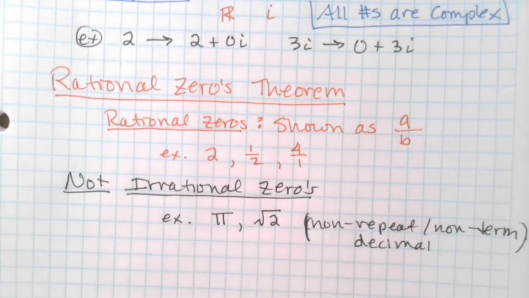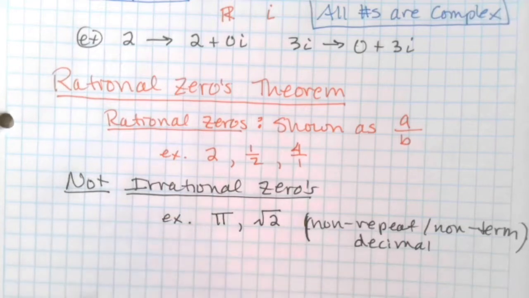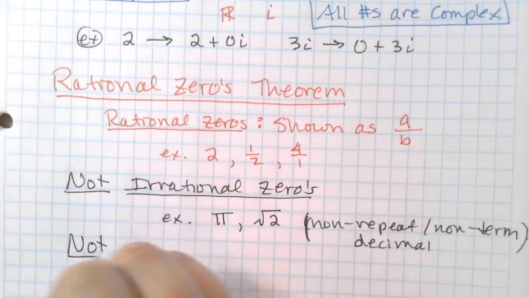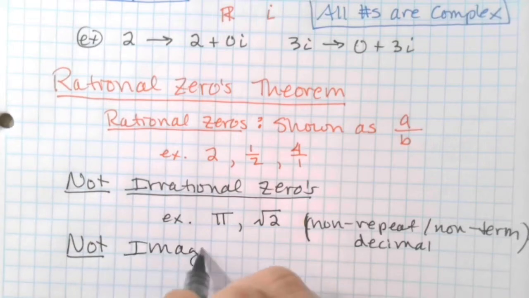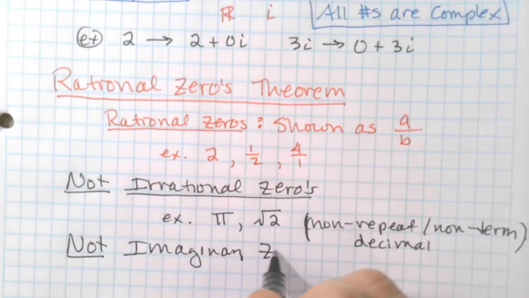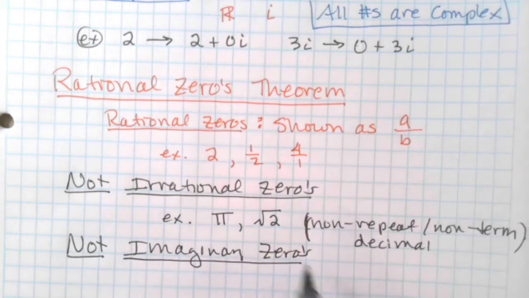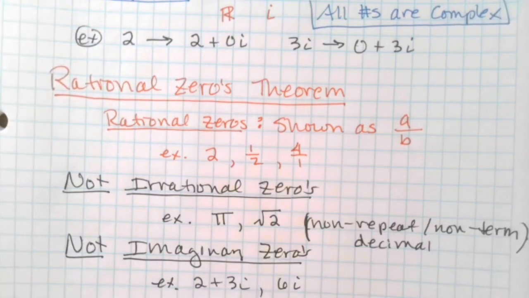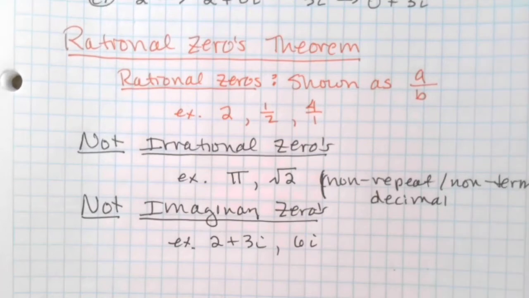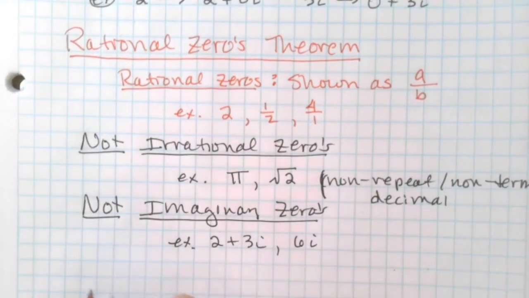Now, the rational zeros theorem also does not give us complex or imaginary zeros. So anything like 2 plus 3i or 6i, it simply does not provide us. So where then do those things fit into the process? Okay, so here's the process.